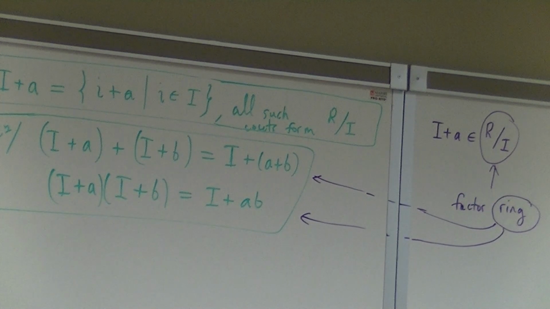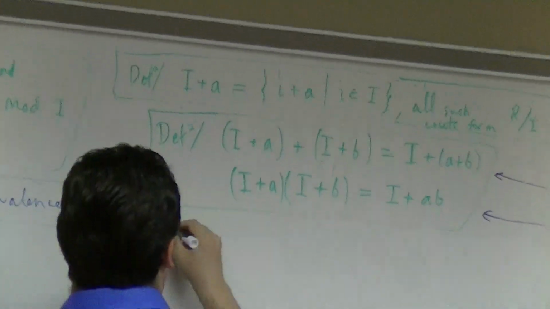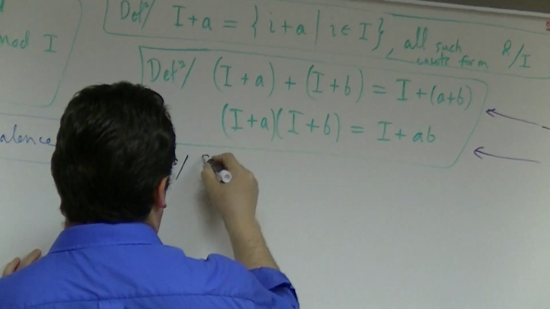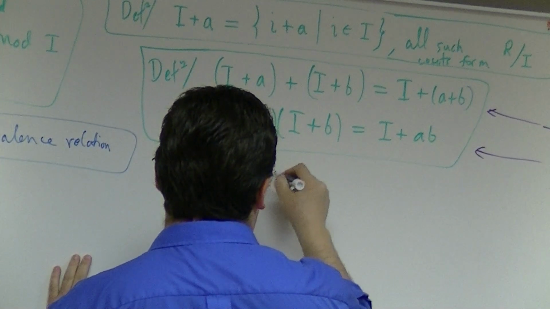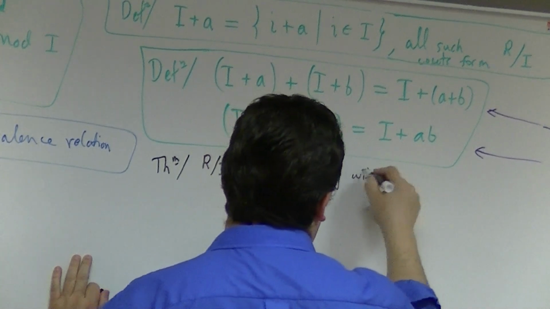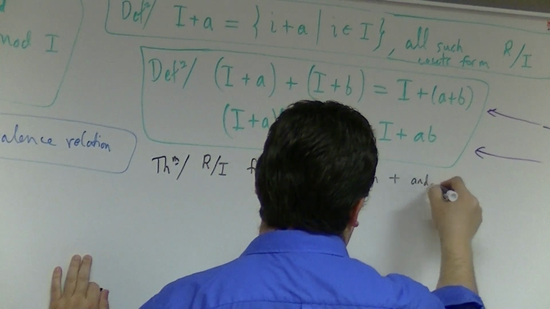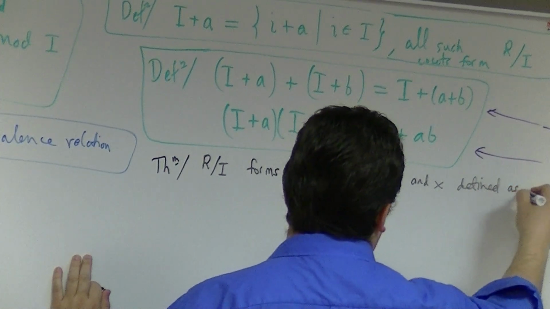Theorem. The factor ring, R mod I, forms a ring with addition and multiplication defined as above.